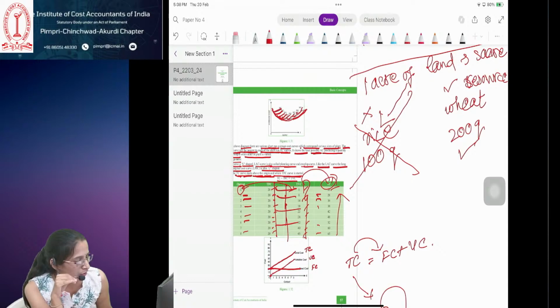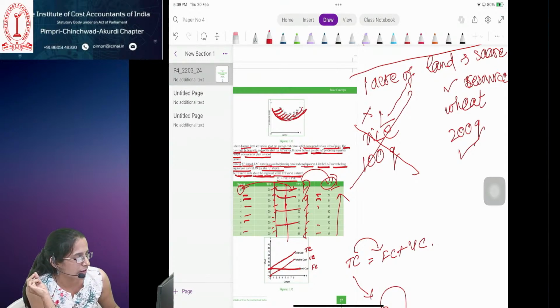Ma'am, increase the width of 1 acre land. No, the 1 acre land is the same. I just want the opportunity cost of producing wheat on that land. What I have foregone, what I did not produce. If I produce 200 quintals of wheat, what did I not produce?